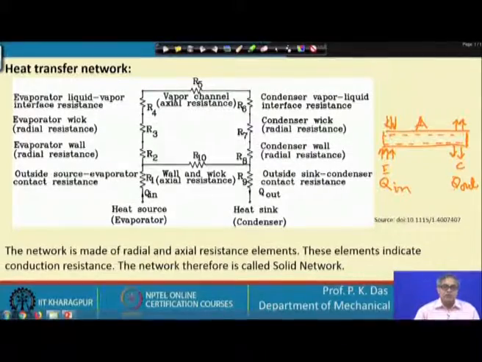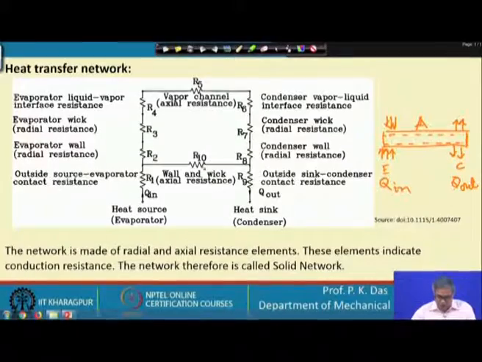There are many other thermal networks taking into account different aspects. Suppose we have shown only one resistance from the evaporator to the condenser through the wall and the wick, but one can have three different resistances, all in series: one in the evaporator, one in the adiabatic section of the tube, and another in the condenser.